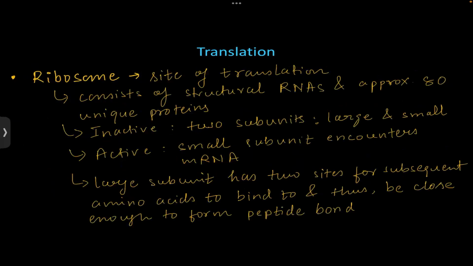All right. Now, what is the site of translation? It is the ribosome. At the ribosome, the protein synthesis happens. So obviously, it will be the site of translation. And where is the ribosome? The ribosome is in the cytoplasm. If you recall from the previous class, I told you that in the nucleus, replication happens as well as transcription.